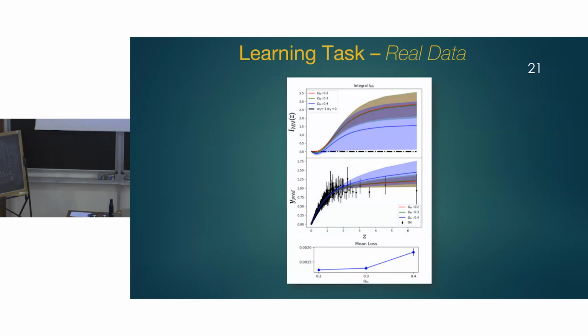A little remark here. Those are the real data. If I had plotted here the corresponding simulated data, one on top of each other, generated with a Lambda CDM model, those data would be more up.